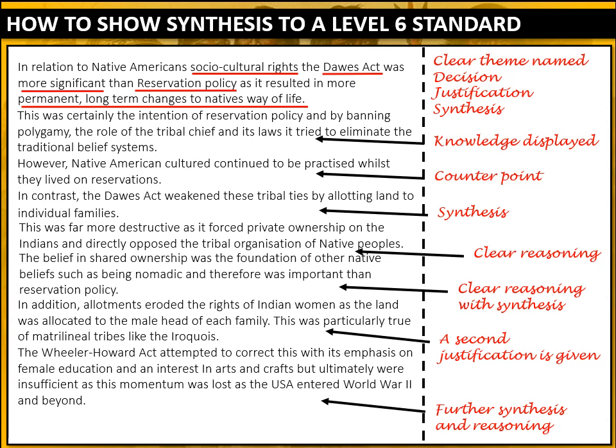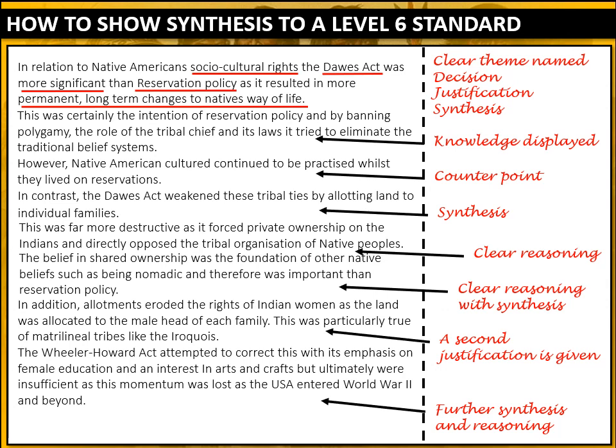Ironically, there's almost less knowledge in a way, it seems, but actually this is far more sophisticated, because the knowledge is there, but it's used to construct an argument. And it does that by comparing the turning points explicitly, comparing them frequently, and it does it by giving a justification for the answer.